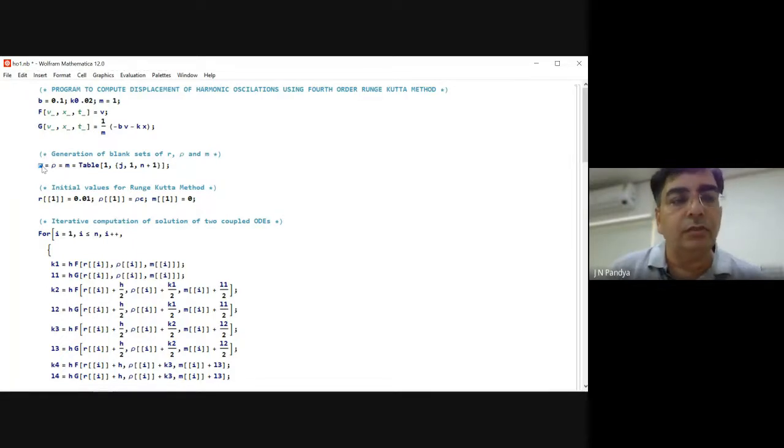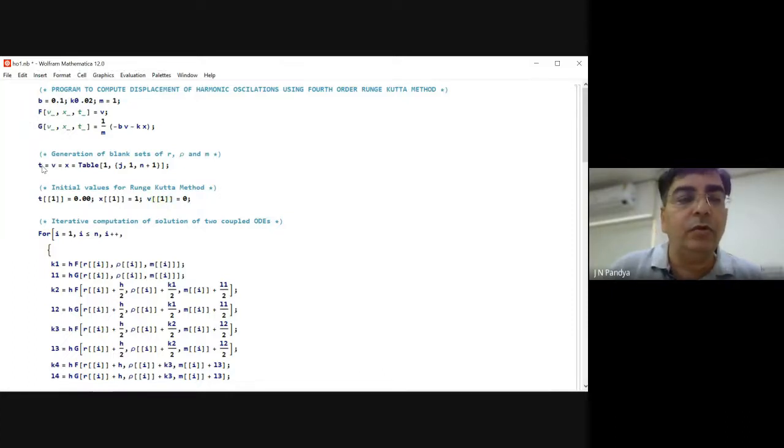So this is T, then this is V, this is X is equal to this one. So T is 0, fine. Instead of rho, here will come X. Initial displacement, let us say I will give 1, and initial velocity I'll give 0.